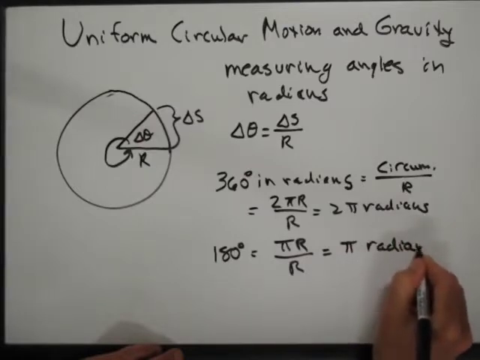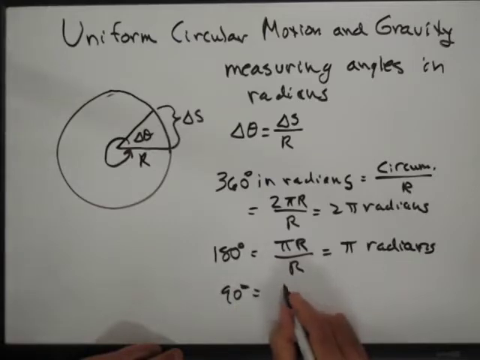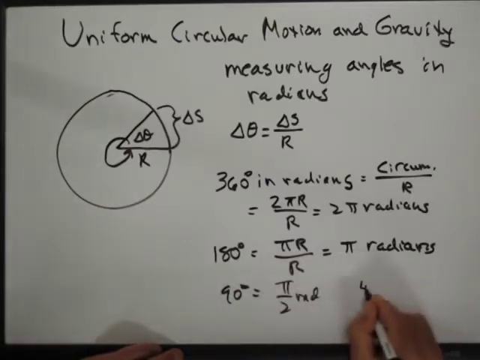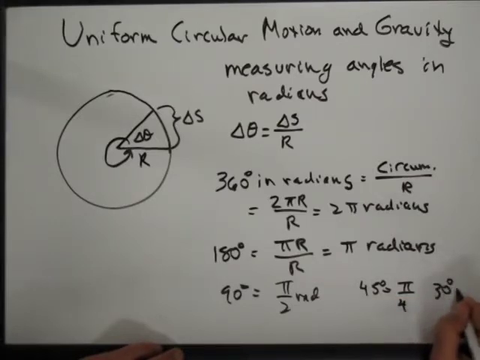And if you just go on from that a little bit, you can see that 90 degrees is pi over 2 radians, right? 45 degrees is pi over 4, and so on. 30 degrees is pi over 6.